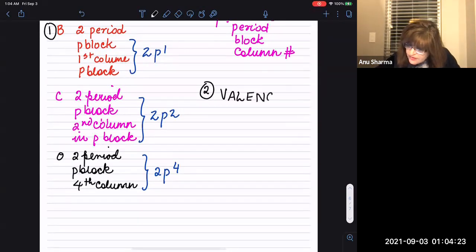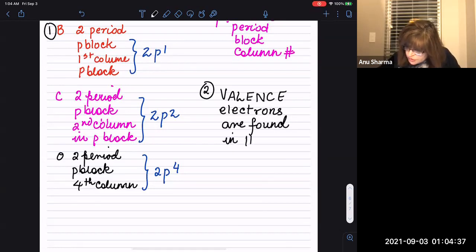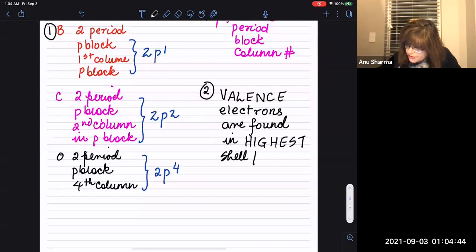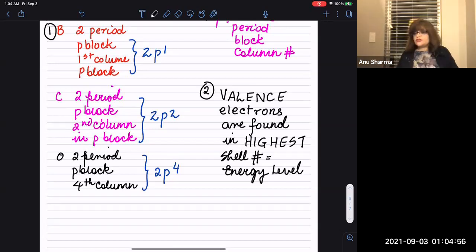So valence electrons are found in the highest shell number. So just don't forget that. Highest shell number, or you can also say the same thing is the energy level. It means the same. Or some say principal number or principal energy level. It means the same. Okay, the shell number.